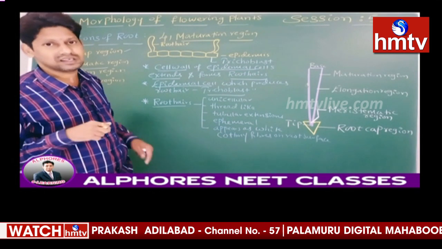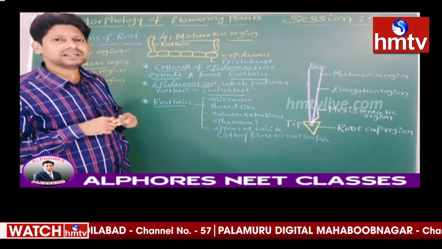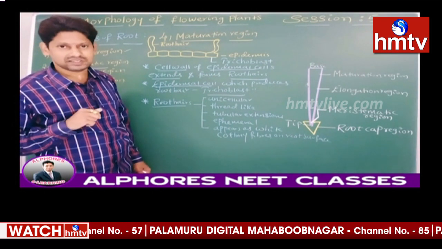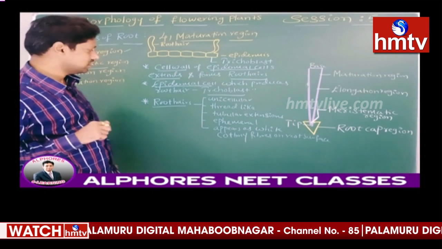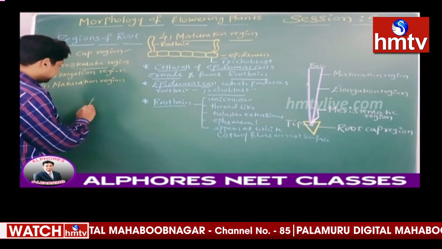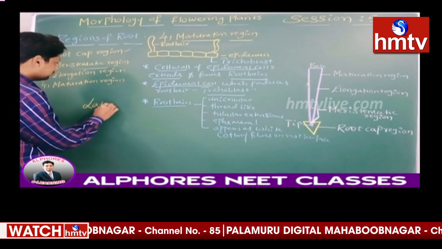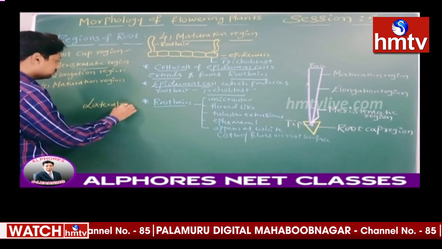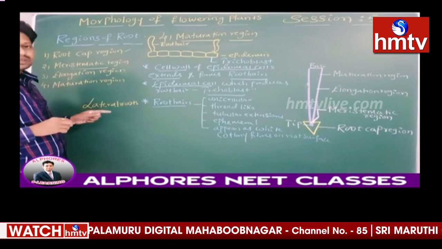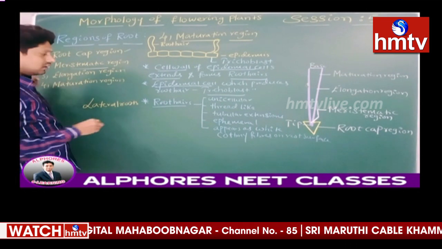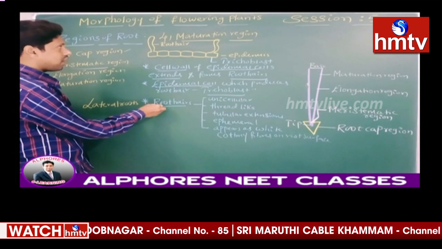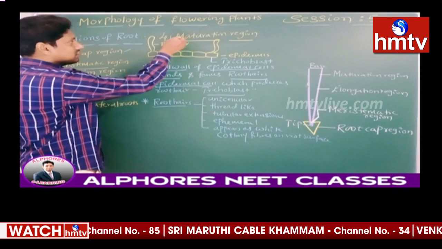Now listen here. We discussed lateral roots. Root hairs are formed from the maturation region of the root.